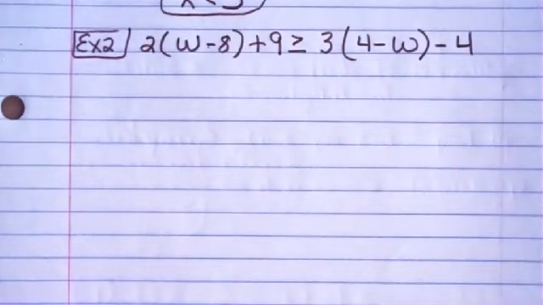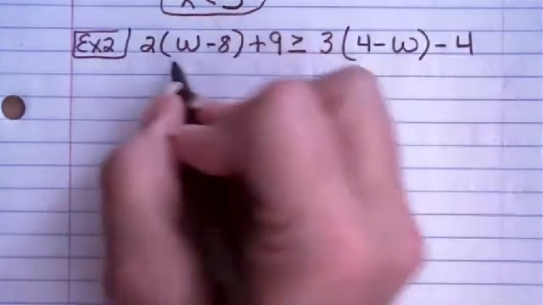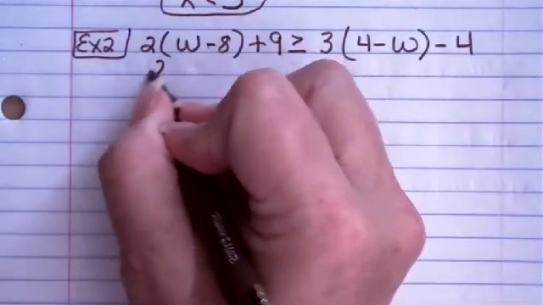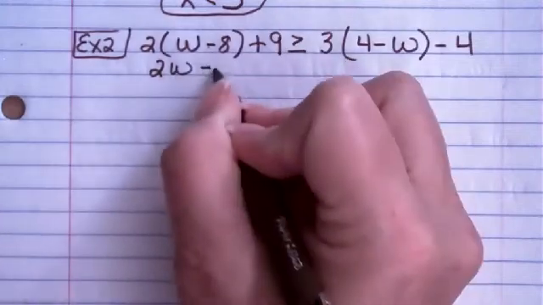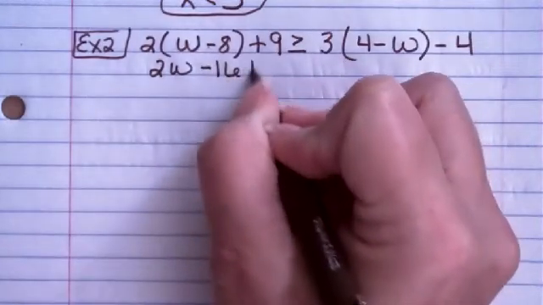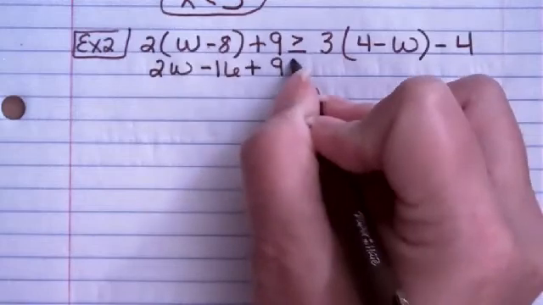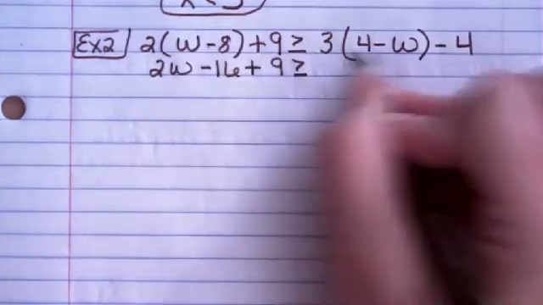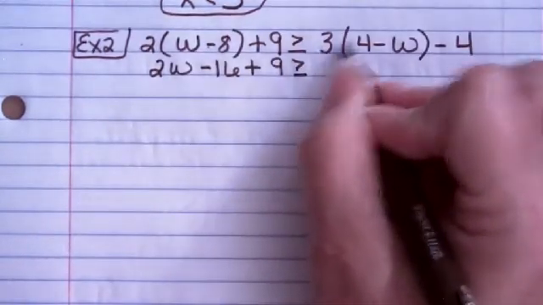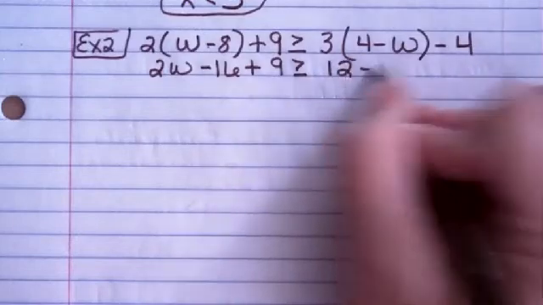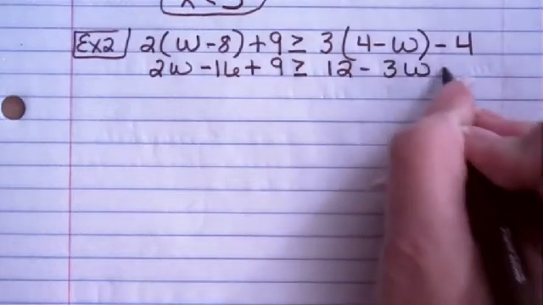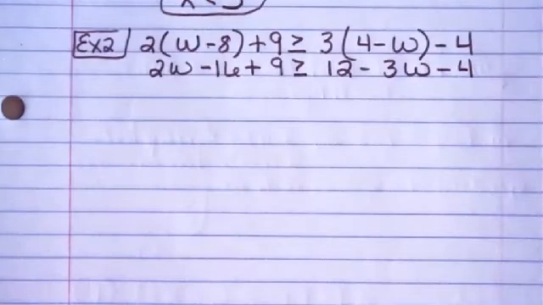Okay, now once we get it copied down, first thing we're going to do is the distributive property, because we got to get rid of parentheses. So over here it's going to be 2w minus 16 plus 9 is greater than or equal to, now the distributive property over here is going to give me 12 minus 3w minus 4.